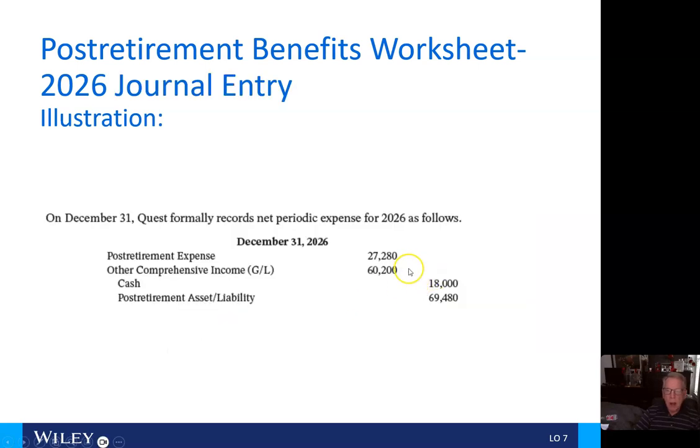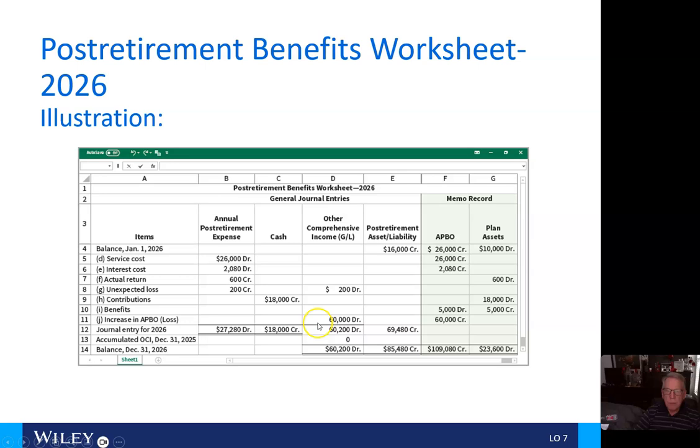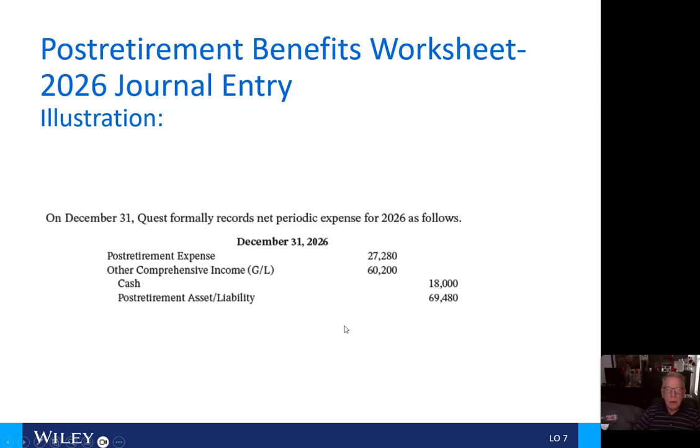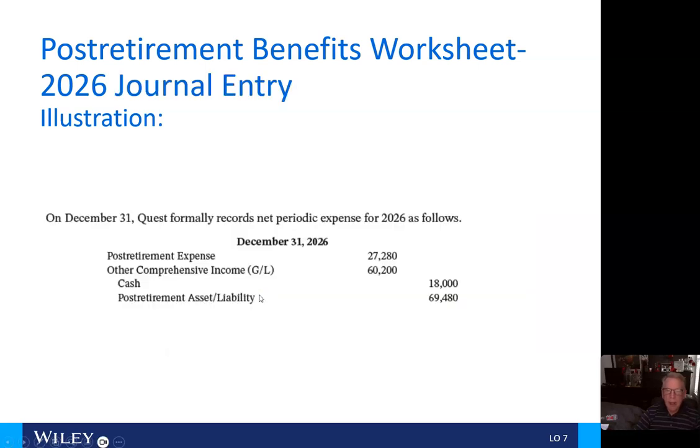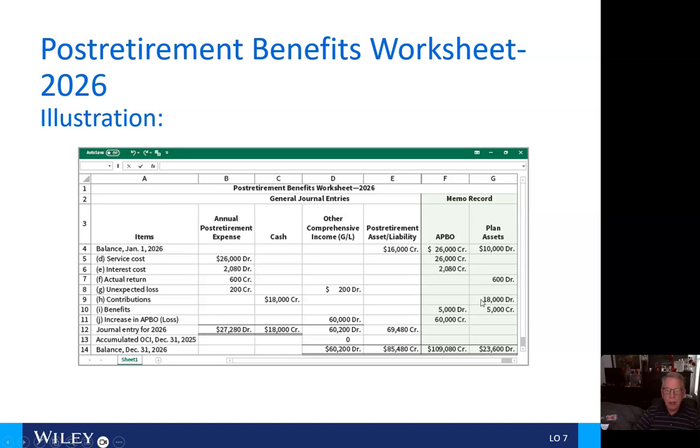We have the $60,000 other comprehensive income gain/loss, $60,200, and we find that debit here, and then we have our cash of $18,000 credit here, and finally our post-retirement asset/liability is $69,480, and we find that here.